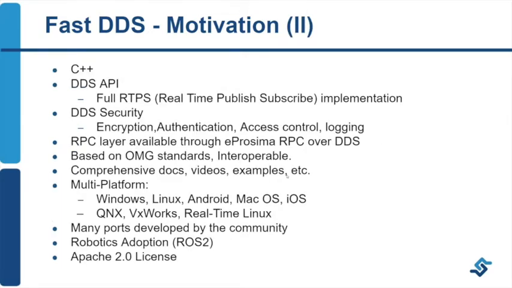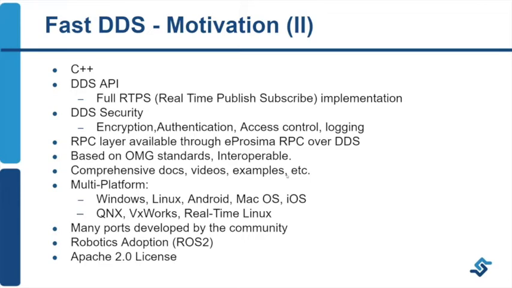In the case of Fast DDS, it's a pure C++ implementation of DDS. We implement the DDS API and also the underlying protocol, the DDS interoperability wire protocol that is called RTPS, the Real-Time Publish Subscribe protocol. We implement the full DDS Security specification, so Fast DDS is very secure.